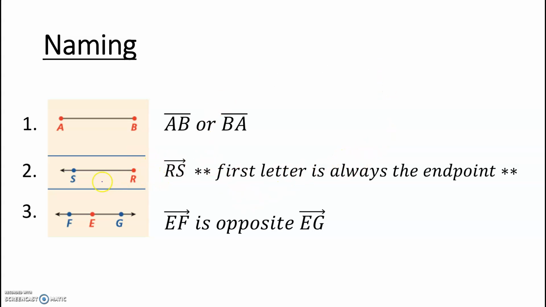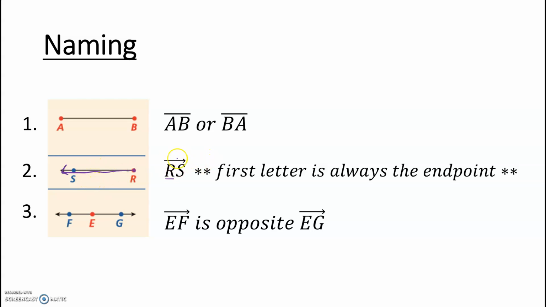A ray, it matters. Because you're telling me the first letter is always the endpoint. So we're starting at R, that's our endpoint, and we're heading in the direction of S forever and ever. That's how you would read this. Start at R and head in the direction of S forever and ever. So you cannot call this ray SR. You cannot switch up the letters.